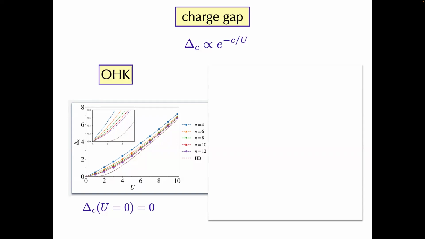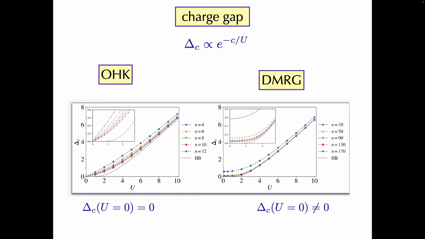Okay, so let's compare now with the leading numerical technique in one dimension, DMRG. And what you find is, they also have a problem at u equals 0 for an obvious reason, okay? You always have a finite size, and you're trying to get an essential singularity, which means the system size has to be bigger than the inverse of this number.